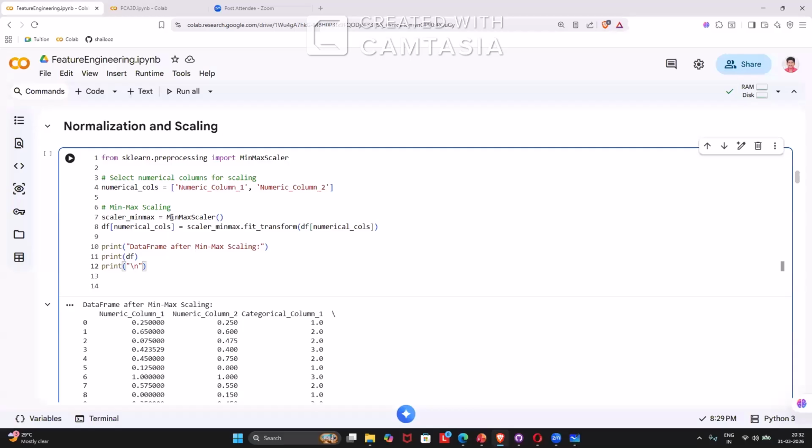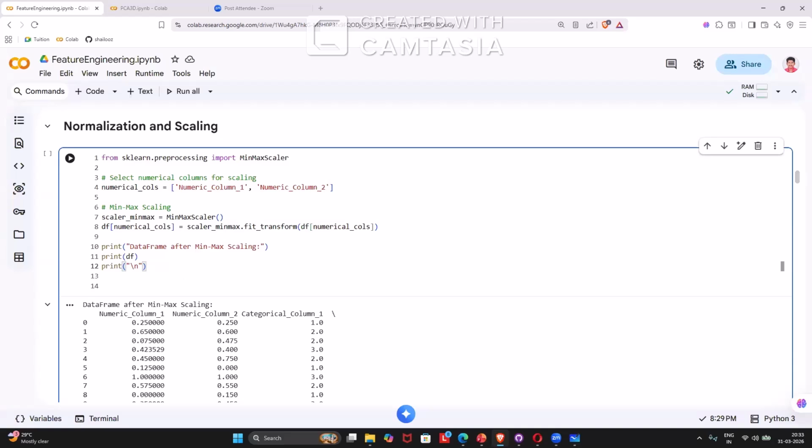And here the min-max scaling is there. The scaling is actually nothing but we are making the entire data into a particular range. ആ ഒരു റേഞ്ചിലേക്ക് കൊണ്ടുവരാൻ വേണ്ടിയാണ് നമ്മൾ സ്കെയിലിംഗ് ഉപയോഗിക്കുന്നത്.